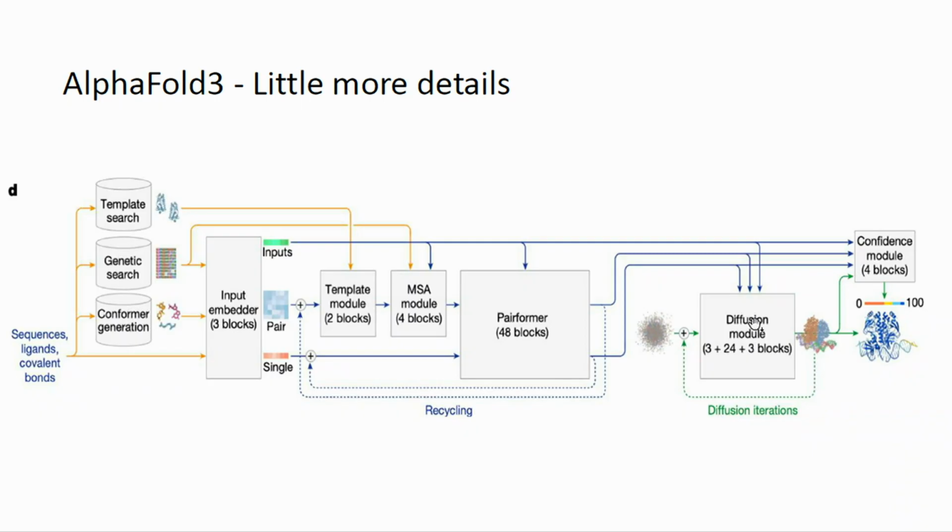This is a diffusion transformer module that's commonly used in vision diffusion for computer vision. You just start from some random guess, like random positioning of the frames, and iteratively, through solving a stochastic differential equation, result in a distribution of the final structures. And they keep the confidence prediction modules. Everything else is not changed by a lot.